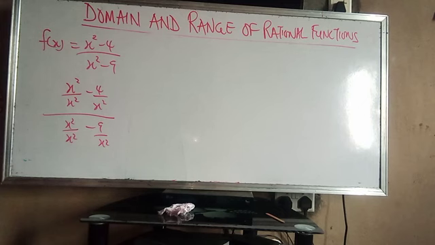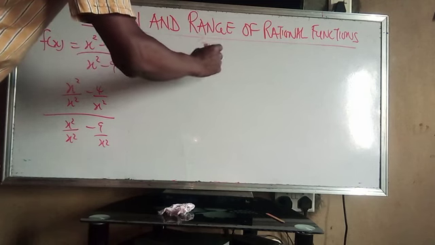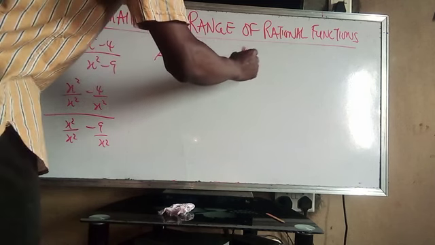We want to find the limit of the function as x tends to infinity, because we are concerned with the horizontal asymptotes, that is, as x tends to plus infinity or negative infinity.